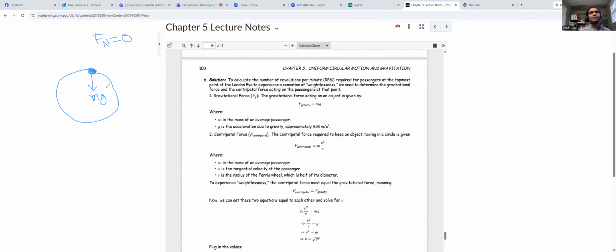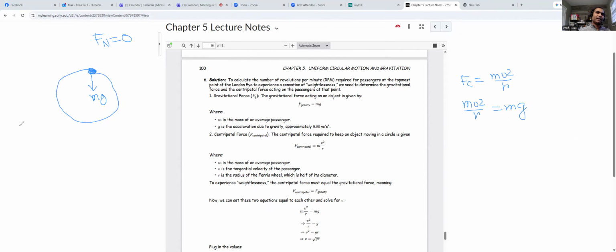So this mg is also the centripetal force. That means this gravitational force is actually providing the centripetal force, so they are equal to each other, right? We know the centripetal force Fc is equal to m v square over r, and gravitational force is equal to mg. So this is equal to this for the sensation of weightlessness, right?